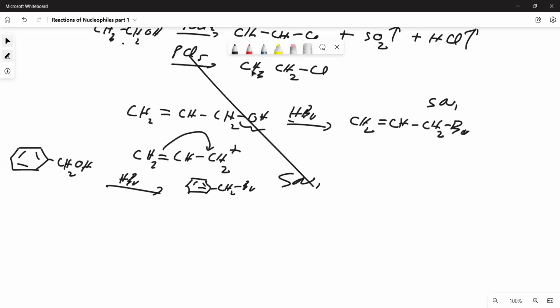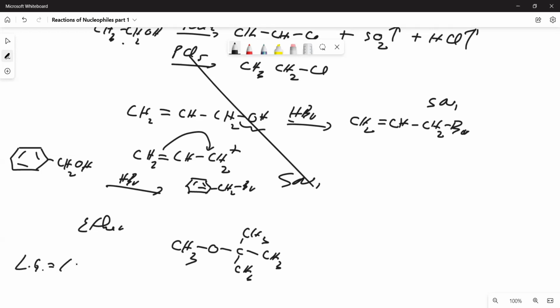Now, supposing your compound is an ether. Let us say you have this ether. In ether, the leaving group is alkoxide. Alkoxides are strong bases like methoxide, ethoxide, tertiary butoxide.